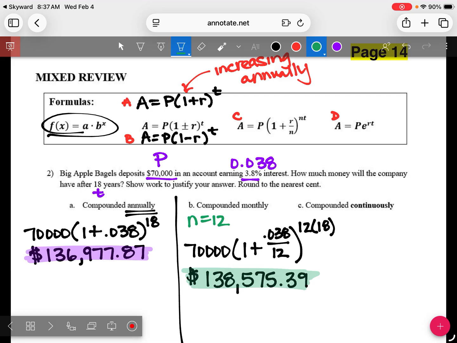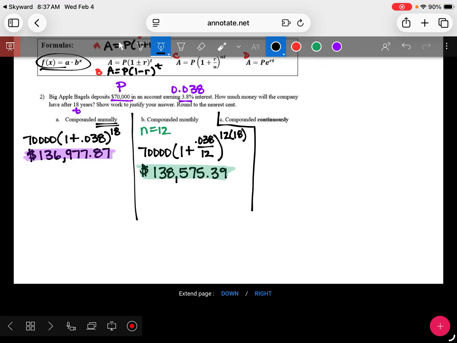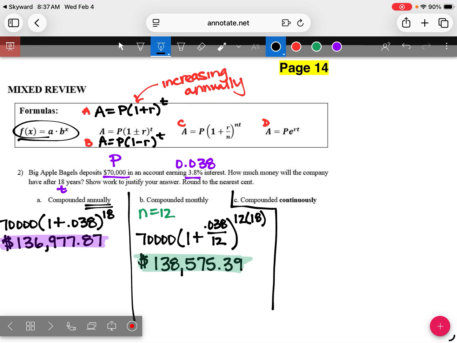All right, last one. C says continuously. I'm running out of space, so I got to make it a little smaller. All right, continuously. What formula am I using now? D. So we're going to type in our calculator 70,000 E to the 0.038 parentheses 18.